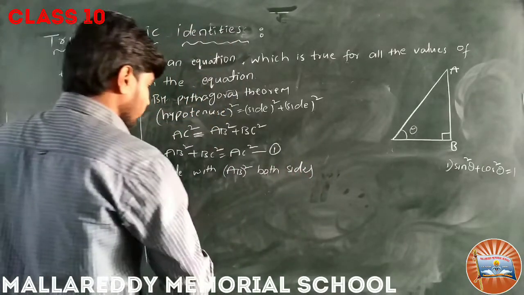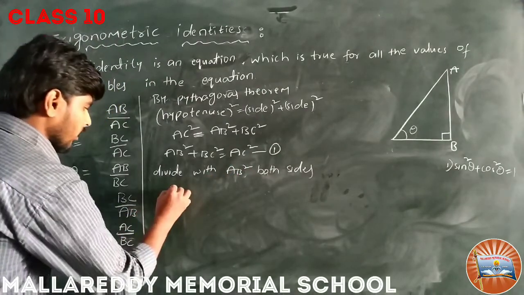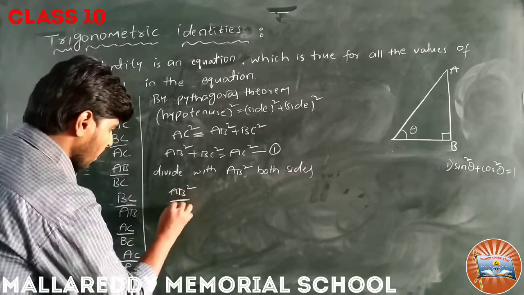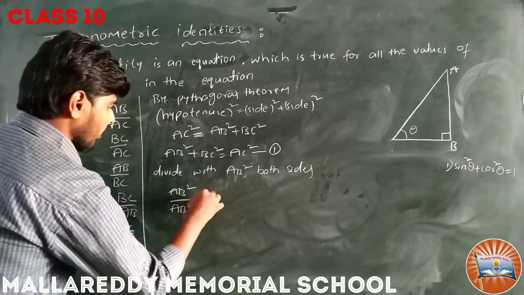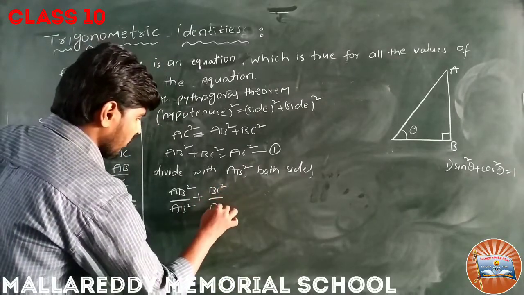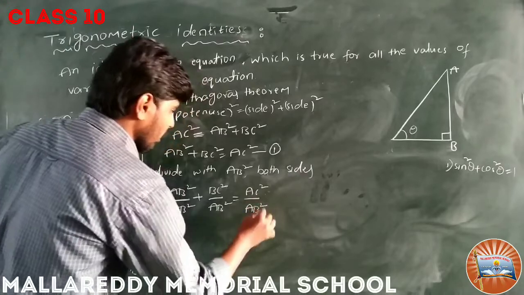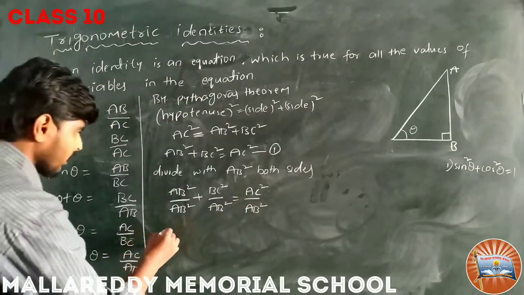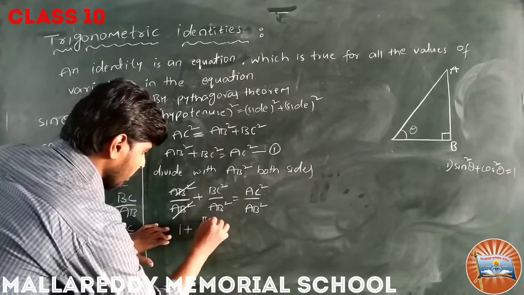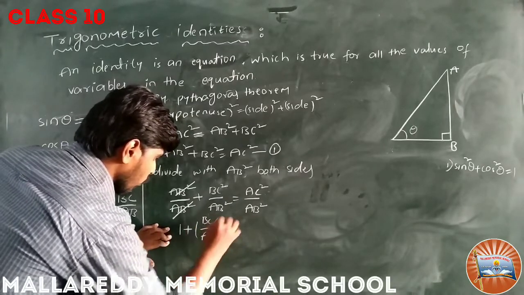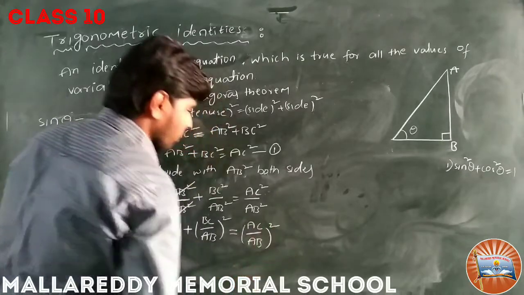So AB square by AB square plus BC square by AB square equals AC square by AB square. Now these 2 get cancelled, 1 remains, 1 plus BC by AB whole square equals AC by AB whole square.